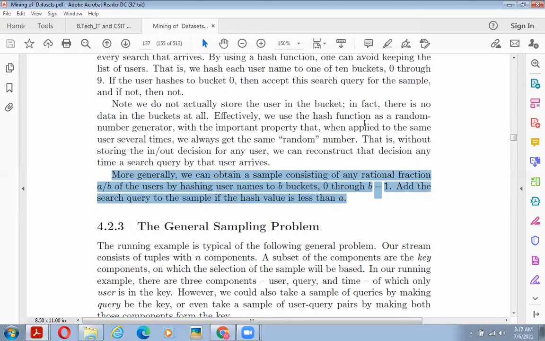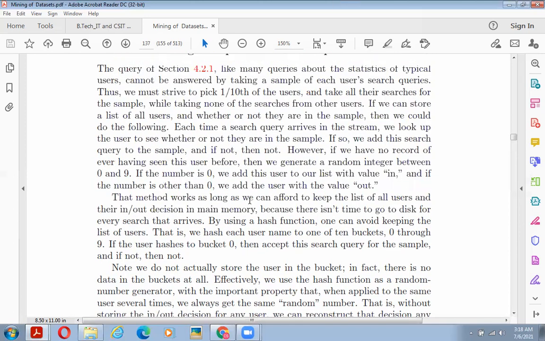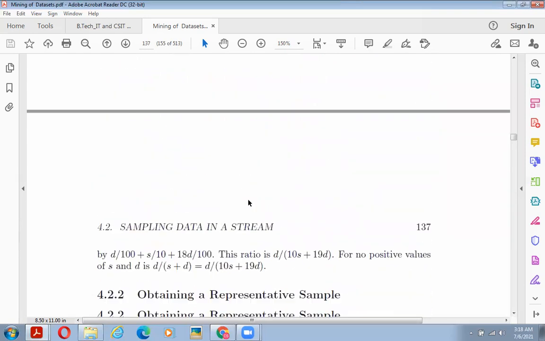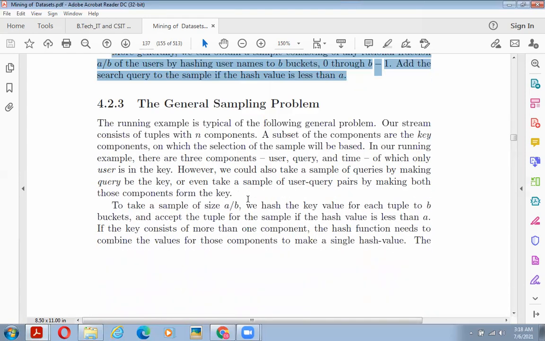It is 1. So less than a is 0. So if the random number generates 0, then it will be added to the sample and kept in the main. But if it is not, then we don't add the search query. That's it. This is the general formula. So we got an explanation regarding sampling in data streams.